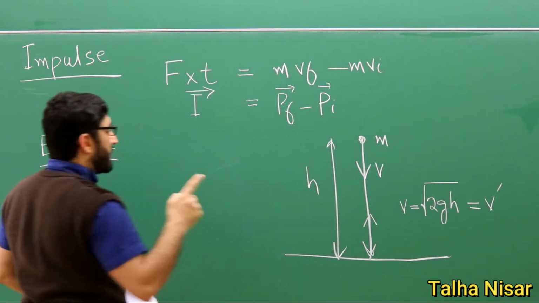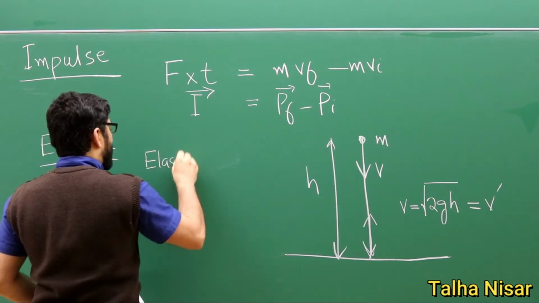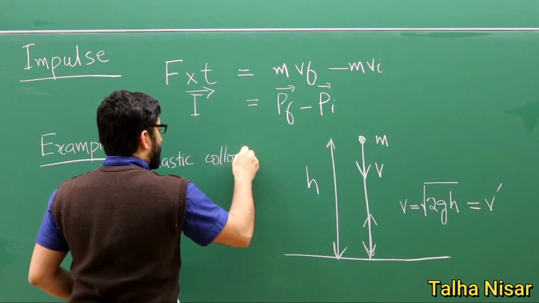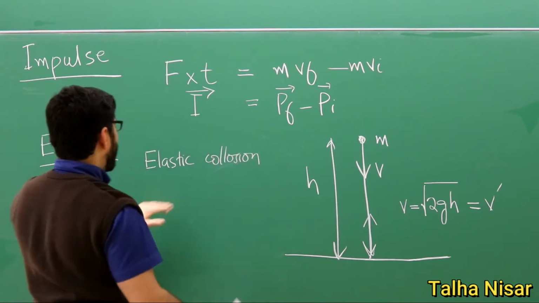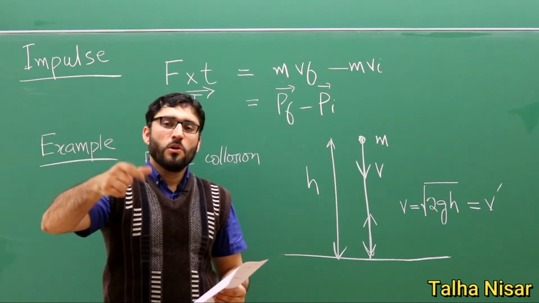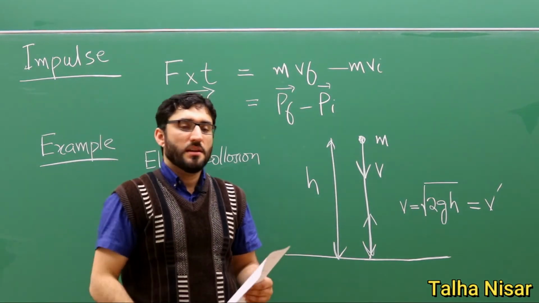So we take the example of the elastic collision. For example, we have a billiard ball, or a very perfect ball, and when it hits the ground it will come back with the same velocity.